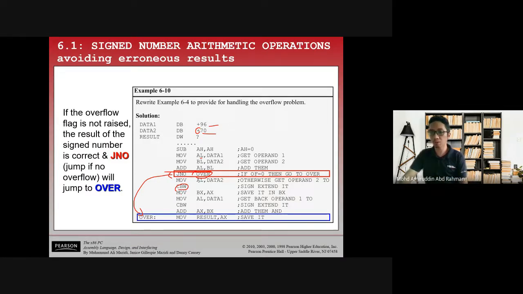When we do this, AH now becomes 00, and then that is saved in the BX.